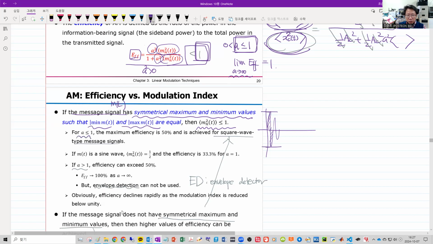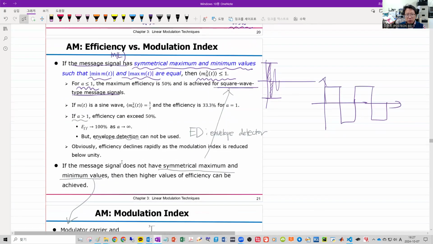Okay. And due to the assumption or definition of our AM modulation index, then, for example, if we have a square wave or sinusoidal signal, we can easily show that the power efficiency is just half. Actually, the maximum is half. So when A equals 1, this is m(t), and if this is a square wave, then you've already seen that transmitted AM signal.